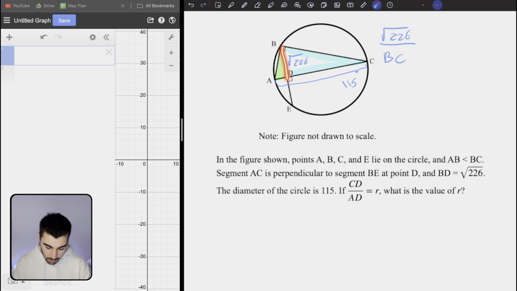So the longer side in the small triangle over the longer side in the large triangle is equal to another proportion here. This side AD is small, so I will call it X. Here is X, X over the small side in this large triangle, which is this one actually. Let's not do it that way.